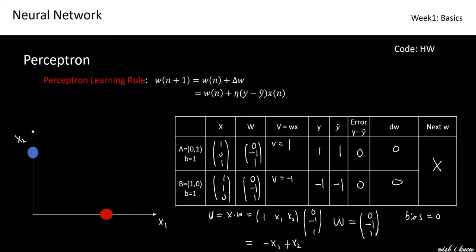That's our v. And our decision boundary was at 0, because the activation function splits the decision based on 0. So we can set v as 0. So v is going to be -x1 plus x2 equals 0, so x2 is x1. So it's just this line. So this is our decision boundary.